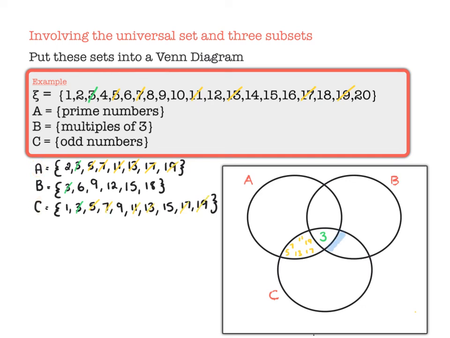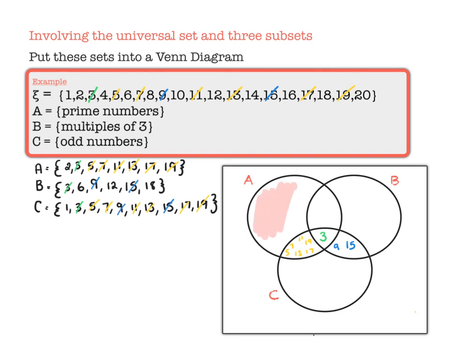Next, we're going to look at the crossover between B and C. So are there any numbers that are in both B and C? And there are two, 9 and 15. So both of those numbers can now go into that section, and then remembering to cross those off in the universal and your subsets.